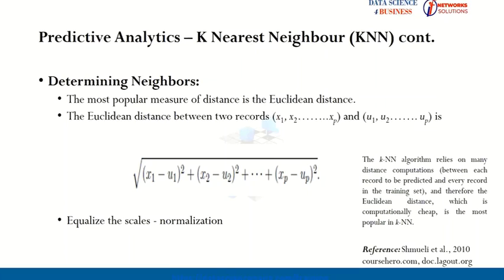Before I proceed, I should also say something that is very important. Since k-nearest neighbor uses distances, it is very important that we don't allow one attribute to have an undue advantage over the other. That's why we normalize all the attributes of that particular transaction whenever we are using nearest neighbor. For example, if you have an attribute that stores salary and somebody's salary is going to millions, and we have another attribute that stores age, age only stops at 100.